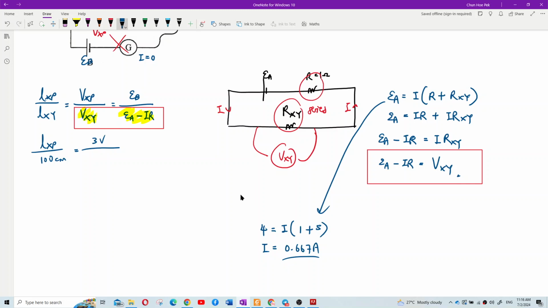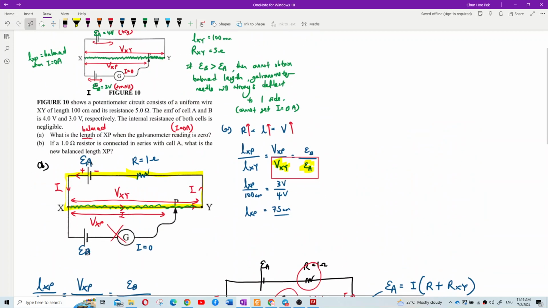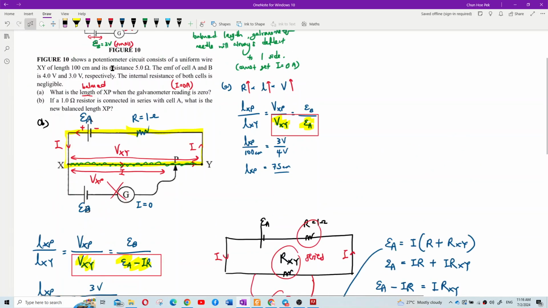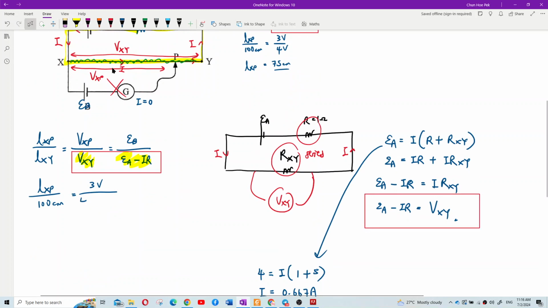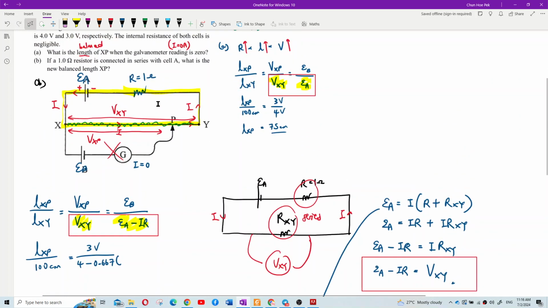Alright, so EA just now is 4 volts. So 4 volts minus 0.667 times R, where R is 1 ohm.